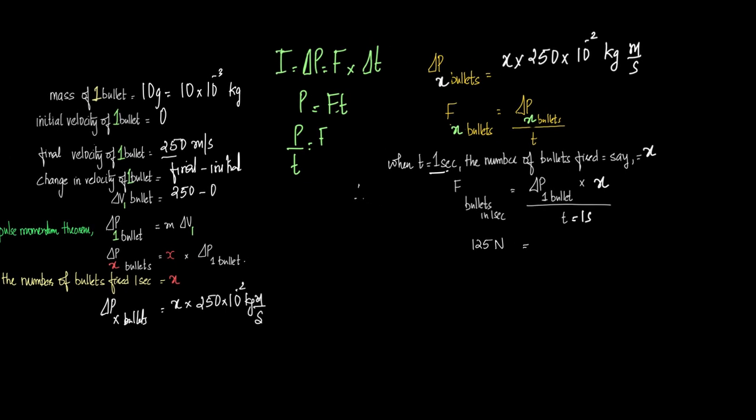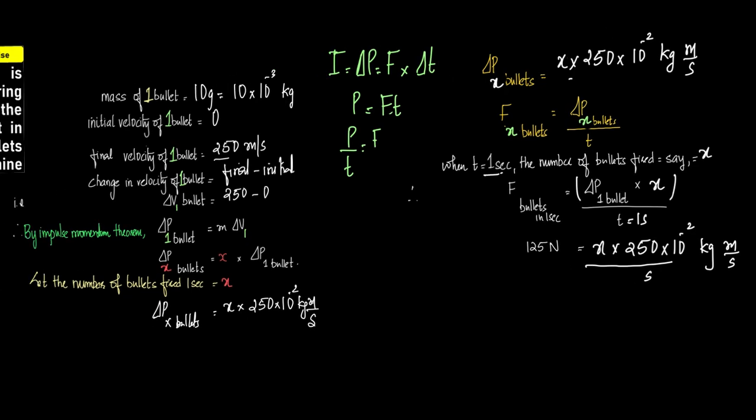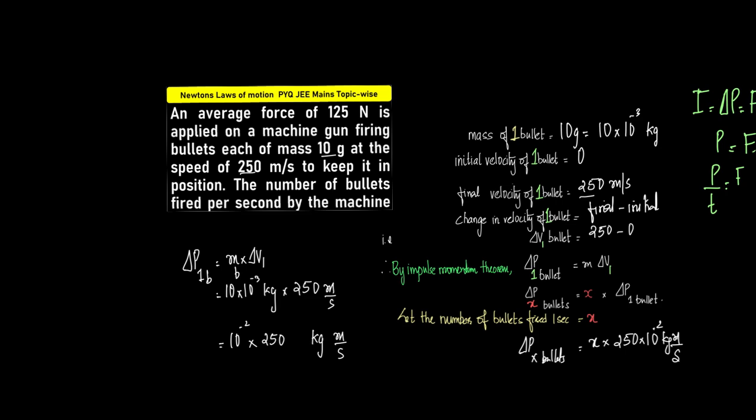So let us see, what is delta p of x bullets? Delta p of x bullets is x into 250 into 10 to the power minus 2 kilogram meter per second. The whole thing is per second, and according to the question the force is given to us as 125 Newton.